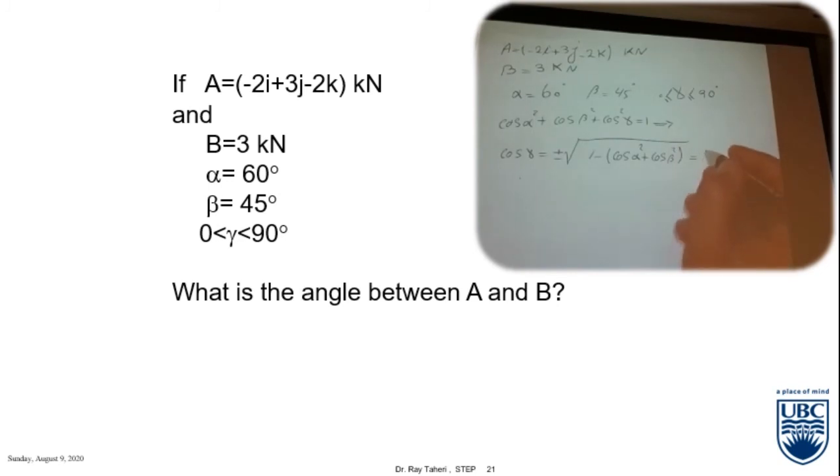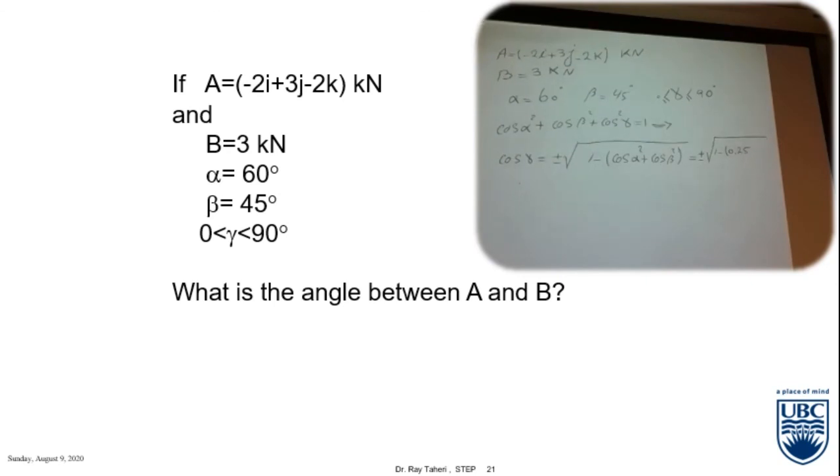So 1 minus, cosine of 60 degrees is 0.5, so the square of that is 0.25. Cosine 45 degrees is 0.707, and the square of that is 0.5.